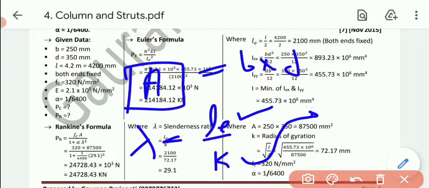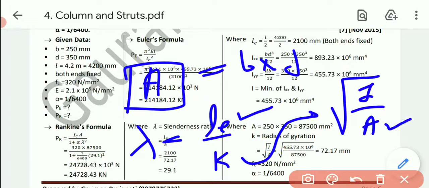For K, the radius of gyration, we need root of I by A. We need the area, which we will calculate here, and I, which I already calculated in Euler's formula. So always calculate the unknown parameters first, and then you can go for the final formula.